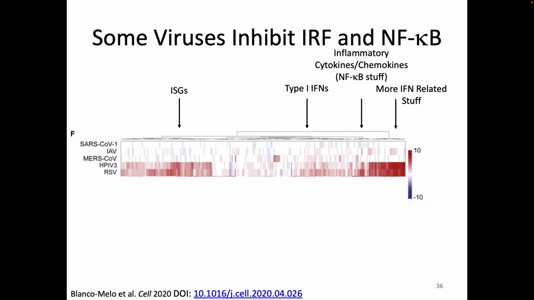And what we know in a lot of ways is that some viruses mess with the immune response. And these are examples of viruses that actually inhibit IRF and NF-kappa B. You might guess where this is going, given that this paper is from 2020, and it shows things like SARS-CoV-1, that sort of implies that there might be something related to it.